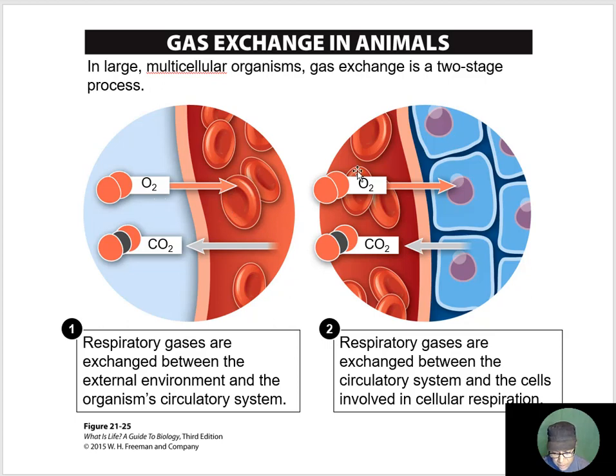Now the red blood cells are taking that oxygen to the cells themselves in the capillary bed of the tissues and making that gas exchange. At the same time, the cells are releasing the CO2 from their cellular respiration, getting exchanged back into the bloodstream. So when the blood returns to the lungs, that CO2 is getting exchanged as well. So it's a two-way exchange that's actually happening. All right?